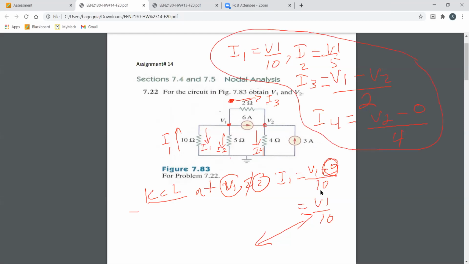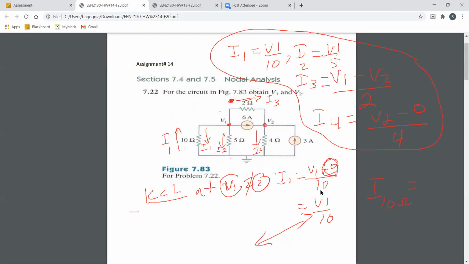Again, this is optional for you if you want to. The reason is that sometimes the question will not ask you to find, for example, the current through the 5 ohms, but to find V1 and V2 and find the current through the 10 ohms. I don't want to give you the labeling.